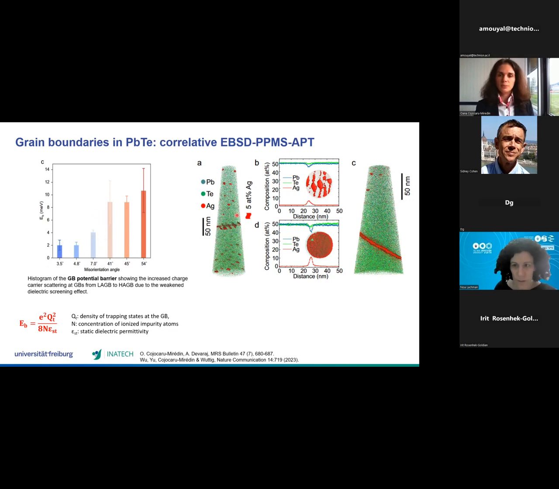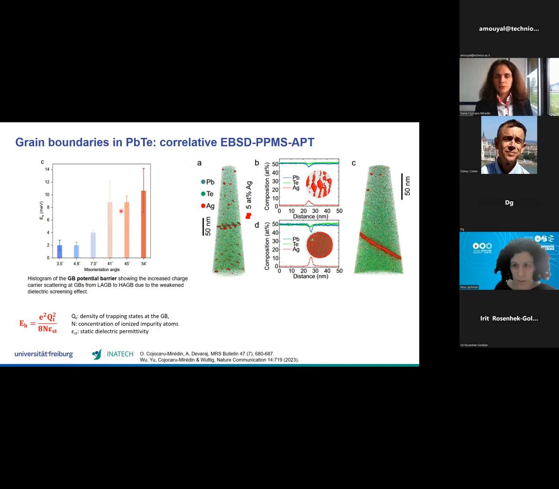At 7-degree, we see already here that the distance between the dislocations starts to be very short. So we start to have a certain overlap between the dislocation cores, and this will influence the charge carrier and they will scatter some of them.